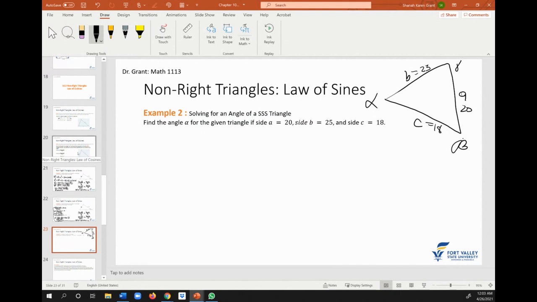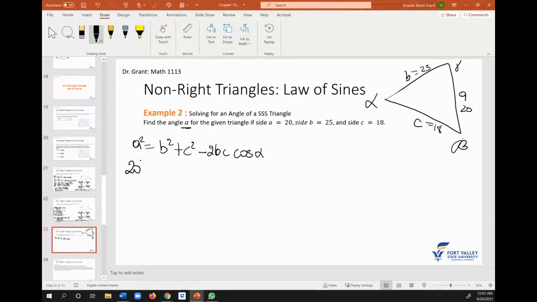Since we're looking for alpha, I'm going to use the relationship that has alpha in it. So a squared equals the sum of the squares of the other two sides minus 2 times the product of the other two sides, b times c, and then cosine of alpha. So we can plug in.